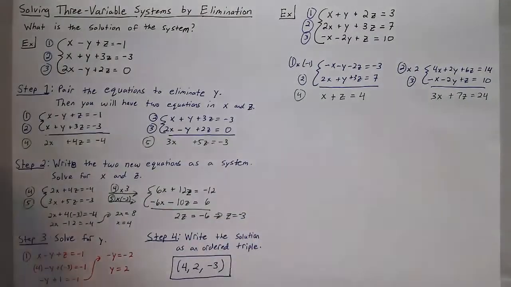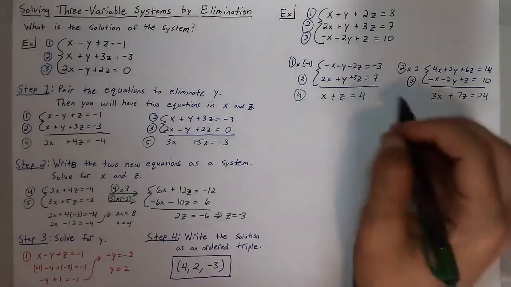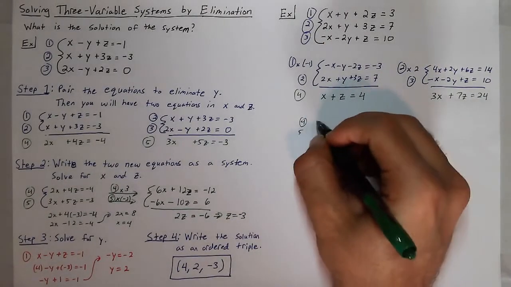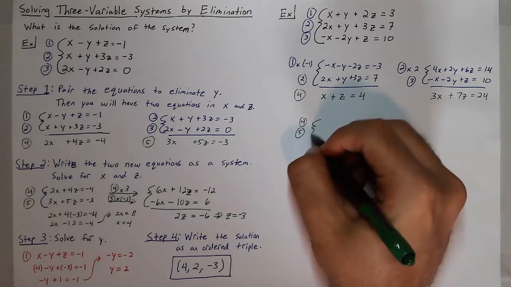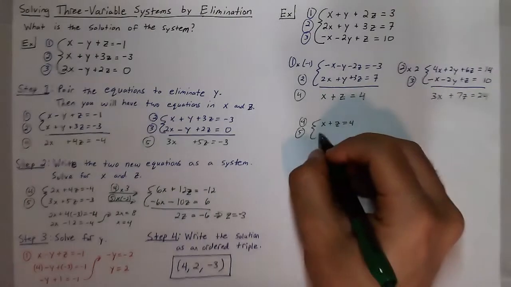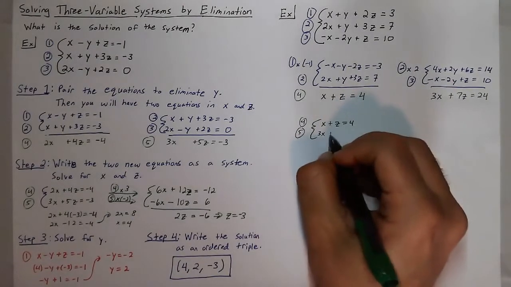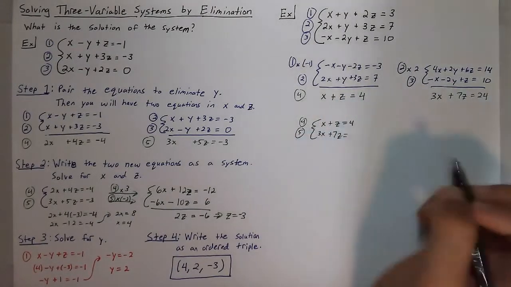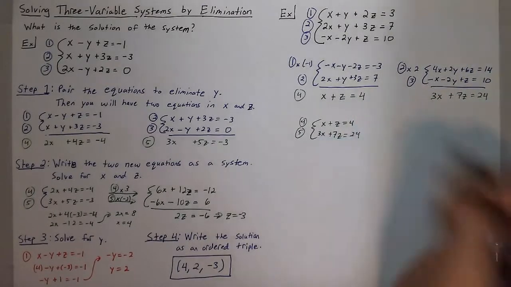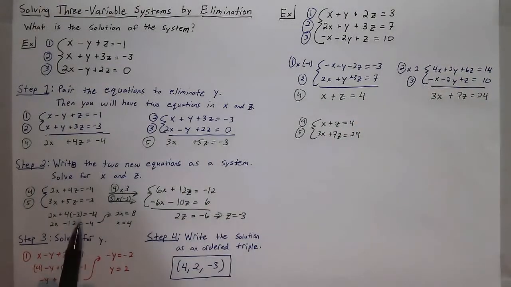Now again, my next step would be to create a system using these two new equations. So using 4 and 5, x plus z is equal to 4, and 3x plus 7z is equal to 24. Now, I used elimination last time in step 2, but we've already eliminated.